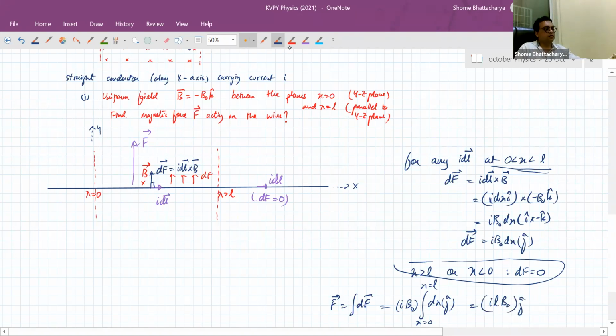Okay. So we can just understand that on this wire, any current element here is experiencing a force like this, I dl cross B. So this whole section between x equal to 0 to x equal to L will experience a net force, which will be upwards like this, which will become I L B naught.